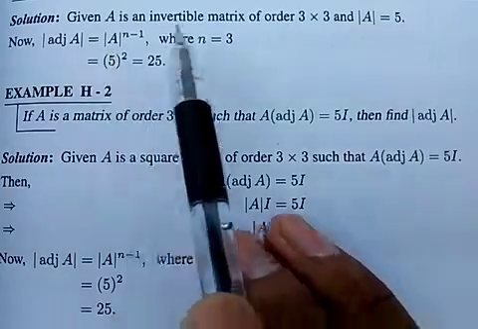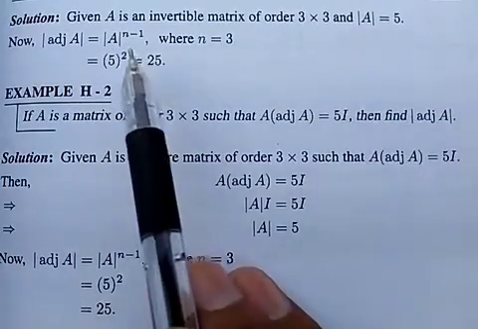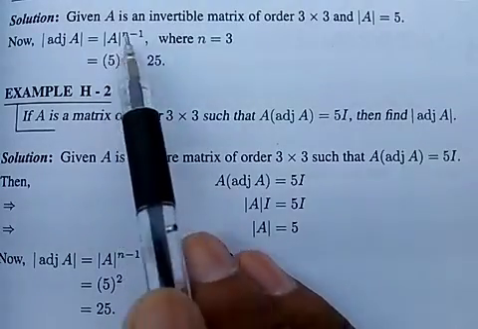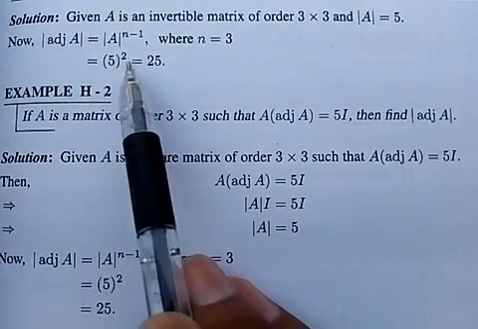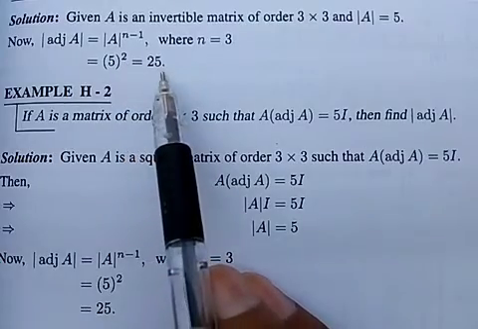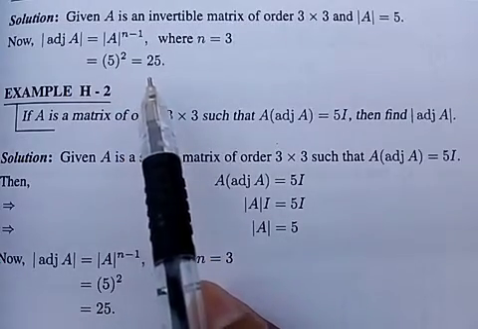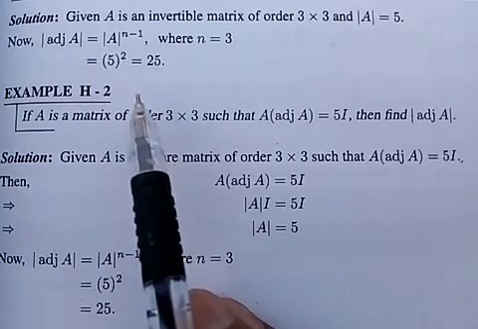Then determinant of A is given 5. We can write 5 power 3 minus 1 equal to 5 power 2 equal to 25. Applying adjoint property, we can solve the given problem.